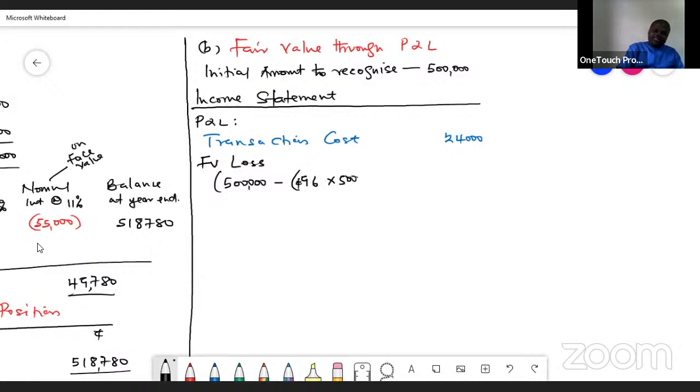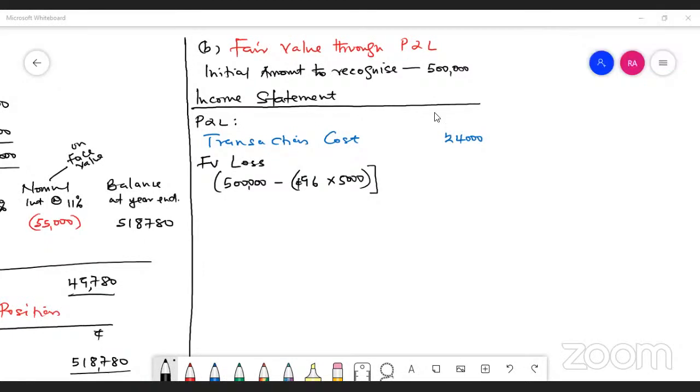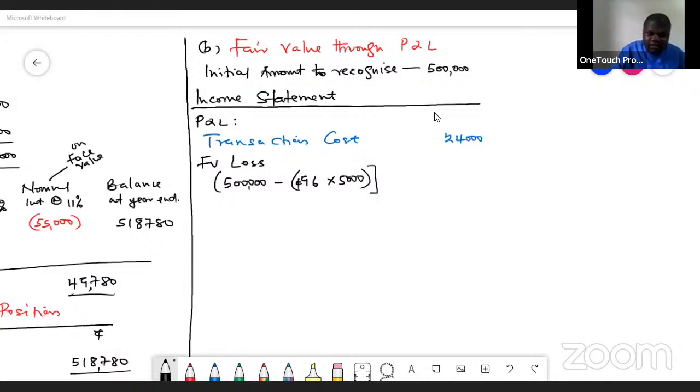So 96 cedis times 5,000 will give us how much? 480,000. So minus the 500,000 gives you how much? 20,000.